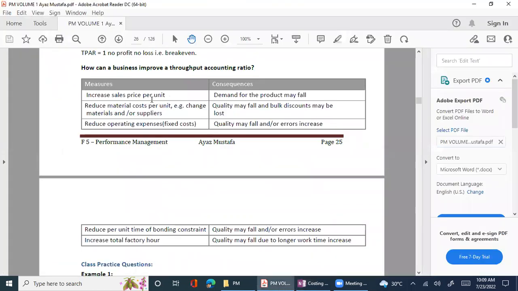So here are some measures for how we can improve the throughput accounting ratio. This is the examiner's most favorite question: how can the company improve the throughput accounting ratio? So please take a reading of this table. I hope you will be able to understand it. If there is any confusion, I am available to answer your query.